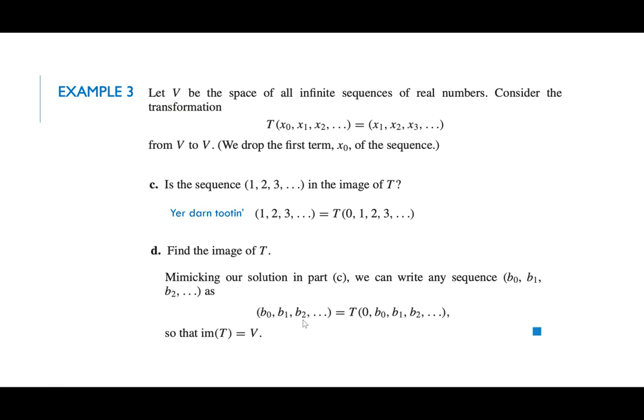And so, again, the image of the transformation is the entire space, even though the kernel was not 0. All right, this has been fun. I think we're at the end.